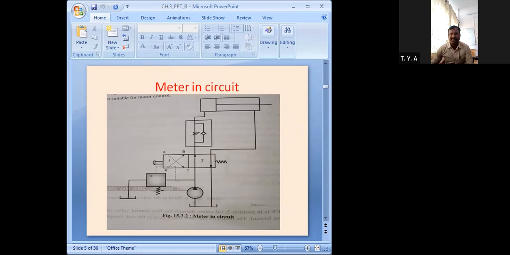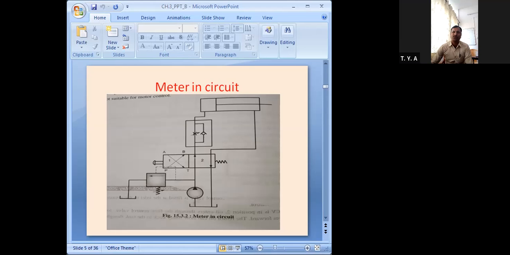Now see, when this 4x2 valve is mechanically shifted to the left, oil will flow from the pump to the blind end of this cylinder via this flow control valve.